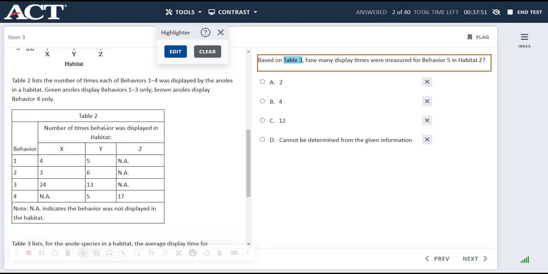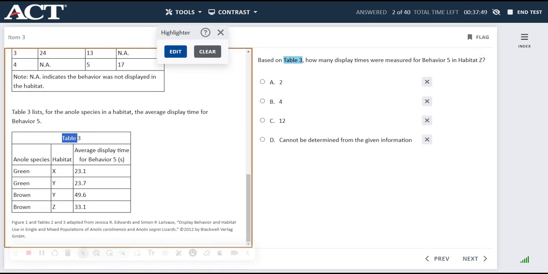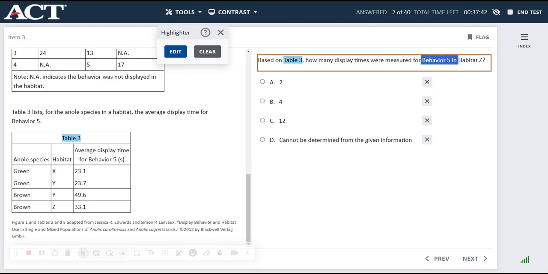So table 3, okay. How many display times were measured for behavior 5 in habitat Z? Table 3 lists, for the anole species in a habitat, the average display for behavior 5.